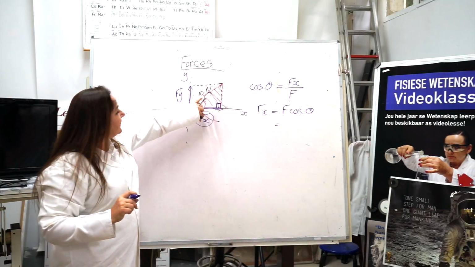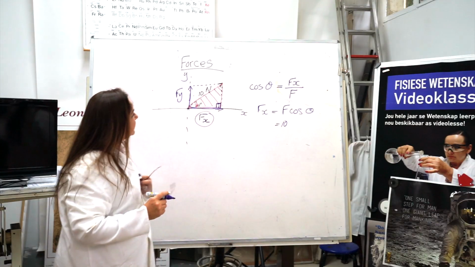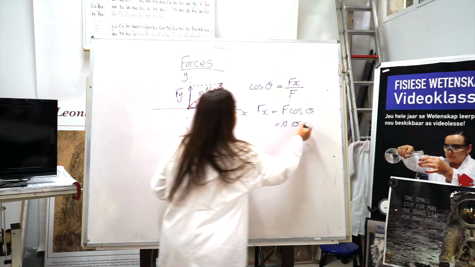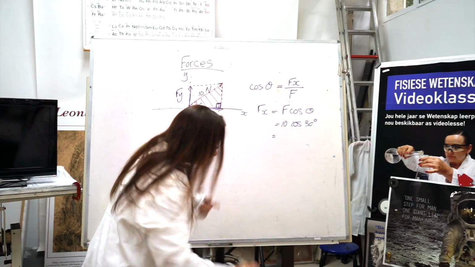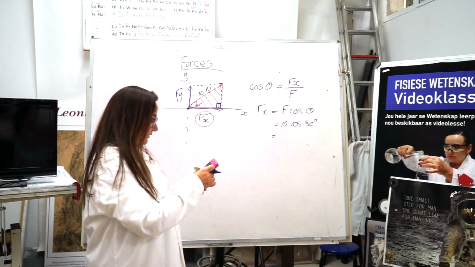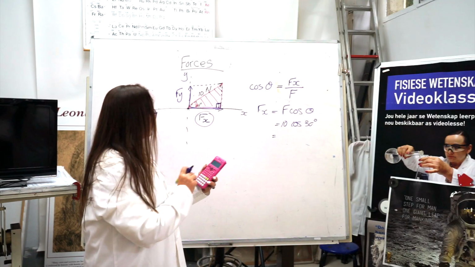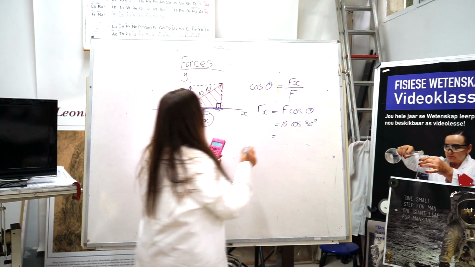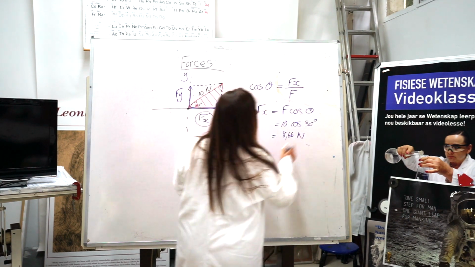And what is the value of F? It's 10 Newton, that's my original force. Cos theta, in this case cos 30 degrees. Let's work it out. Let's type it in quickly: cos 30 degrees times 10 gives me Fx is 8.66 Newton.